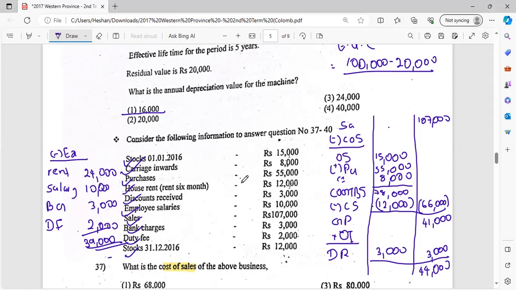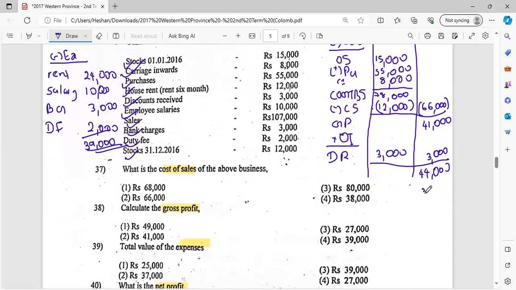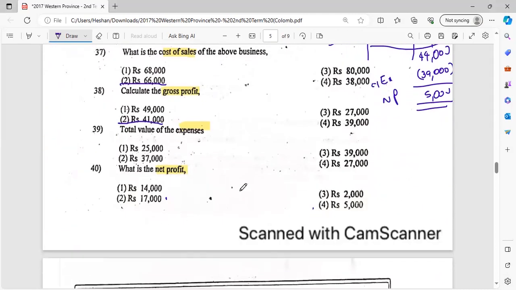When we deduct 39,000 from here, it's 5,000. This is net profit. So cost of sales, 66,000, the answer is number 2. Gross profit, 41,000, the answer is number 2. Expenses, the best answer is 39,000.